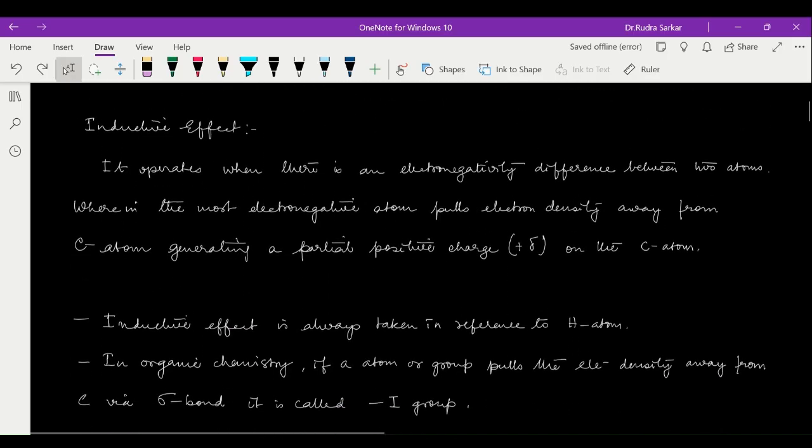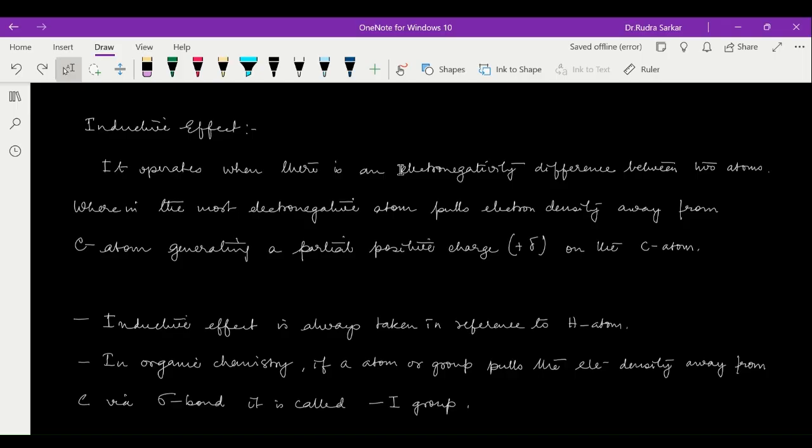Now you can see inductive effect, like I said, will only operate when we have atoms which have a difference in electronegativity. So if a carbon is joined to another carbon, there is no inductive effect operating between them.